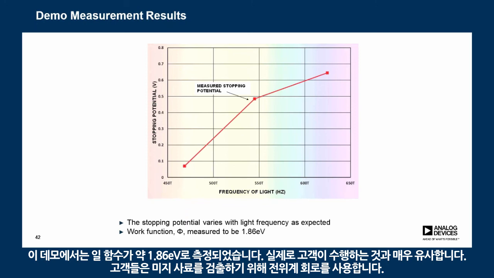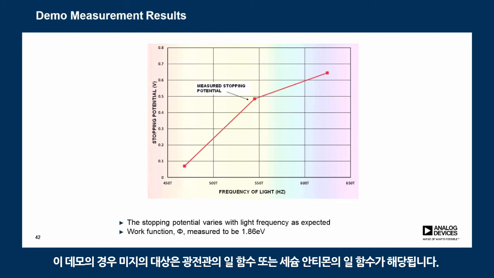And this demo is very analogous to what customers are doing out there. They have an unknown sample, and they are using electrometer circuits to determine what the unknown sample is. In our case, the unknown is the work function of the photocathode, or the work function of cesium antimony.